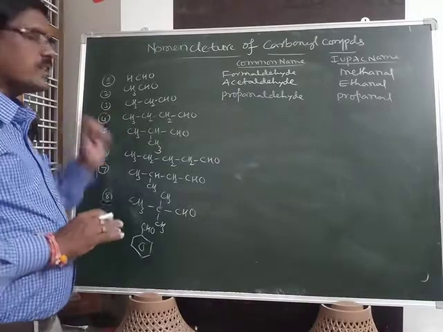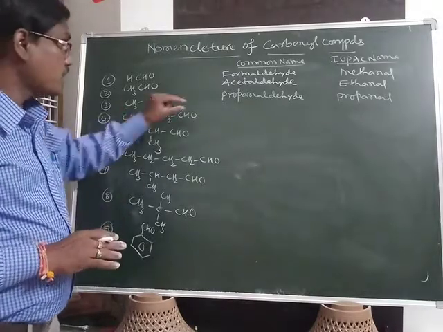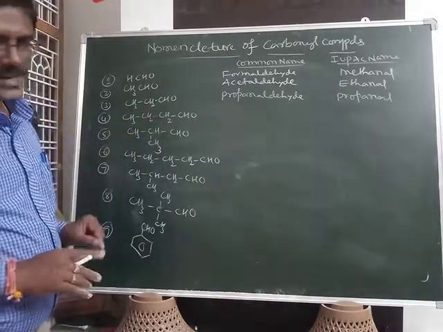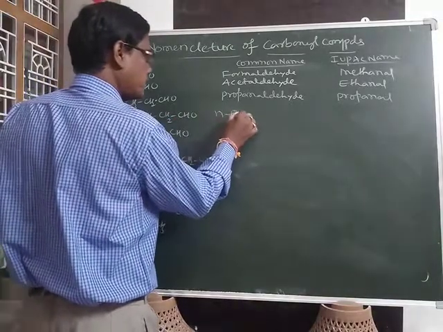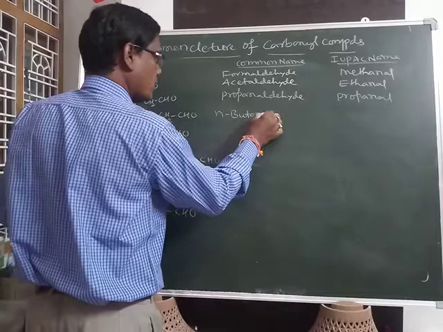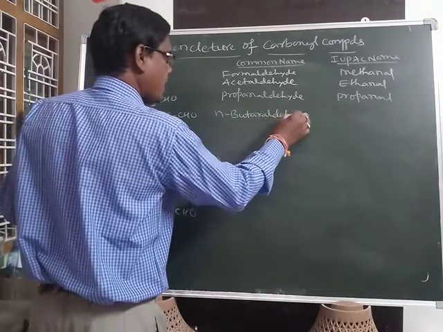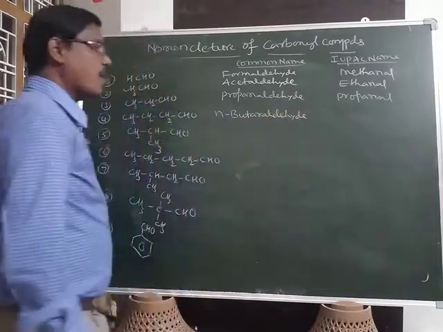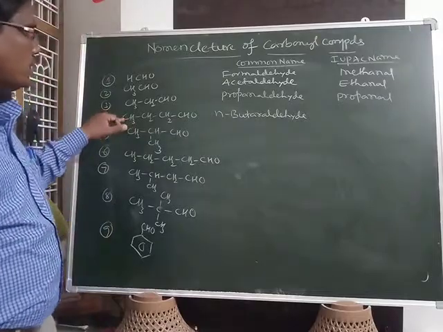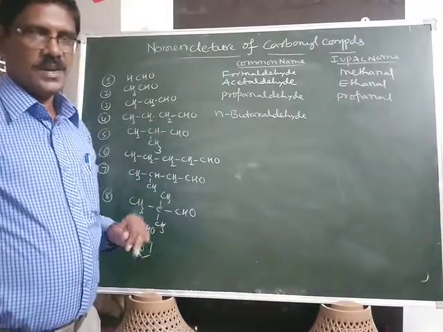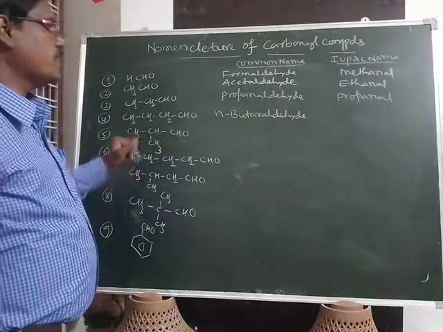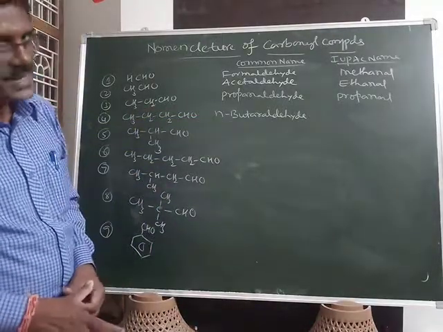That's why these two are isomers. One is straight chain, the other is branched chain. The straight one is known as n-butyraldehyde, the derivative of n-butyric acid.